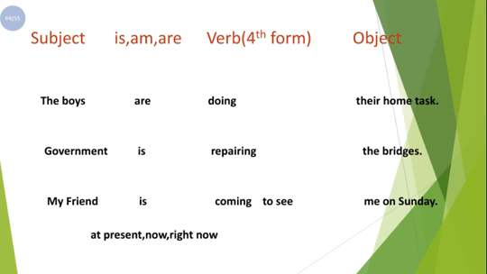Like I told you yesterday, if the words like every day, regularly, daily, sometimes, never, come in a sentence, so your sentence would be a sentence of simple present tense. But if the words like at present, now, right now, come into your sentence, it would be a sentence of present continuous tense. And I have explained to you the structure to make sentences of present continuous tense.